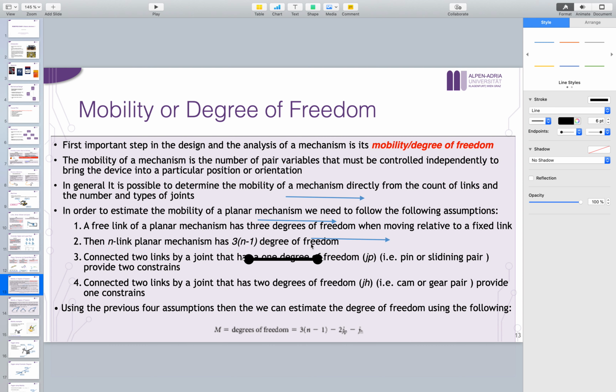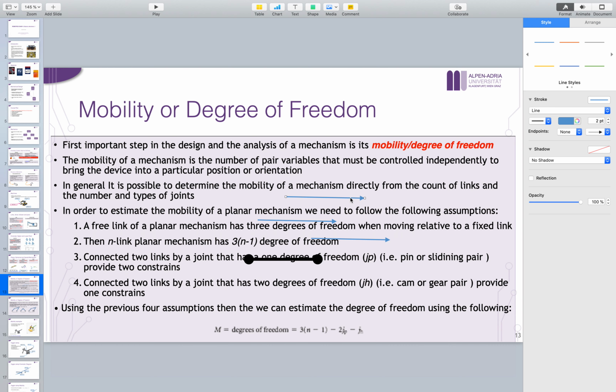So in this case, we have 3 multiplied by 3, which means we have 9 degrees of freedom at the beginning, which represent the two translations and rotation for the first link, the two translations and rotation for the second one, and the two translations and rotation for the third one.